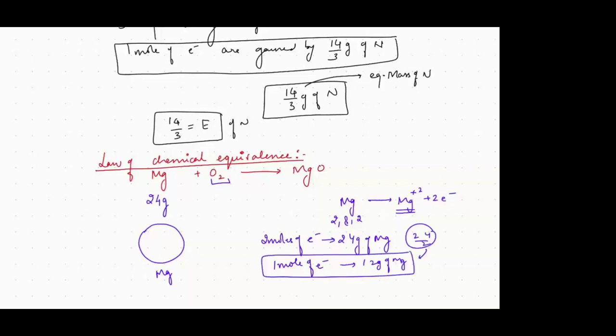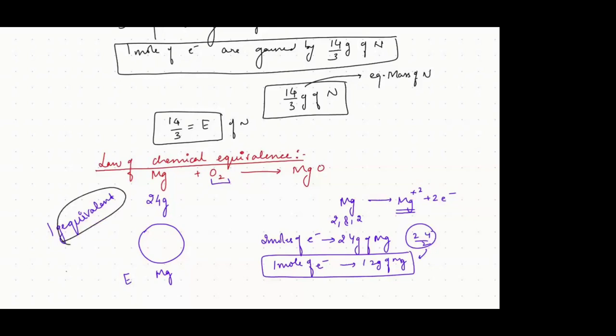So if I say 1 gram equivalent, now understand, 1 gram equivalent is a packet. Did you understand my point? So when we talk about the gram equivalent, what exactly does that mean?